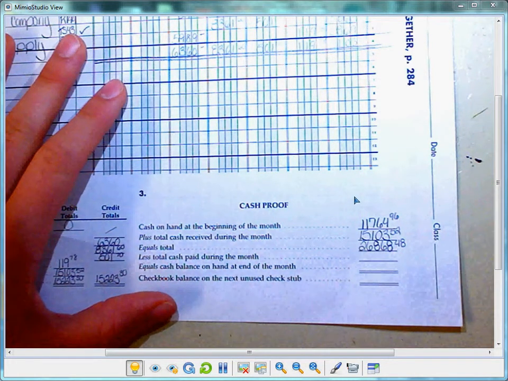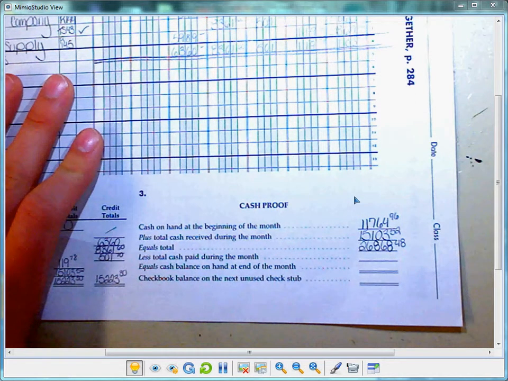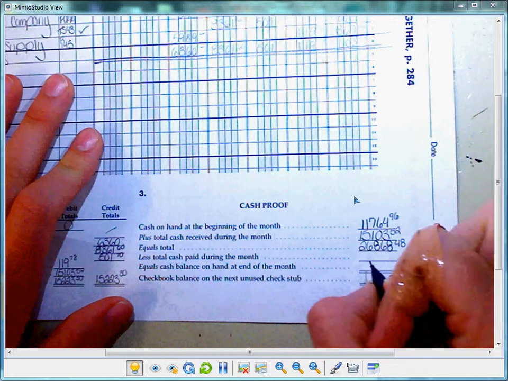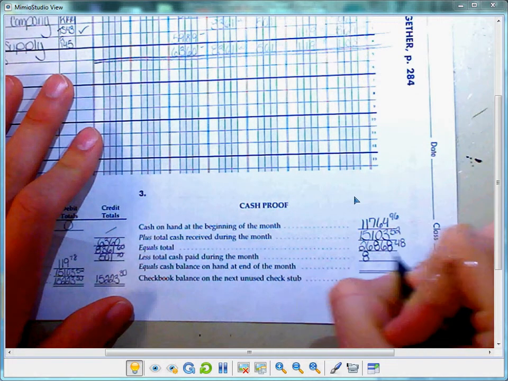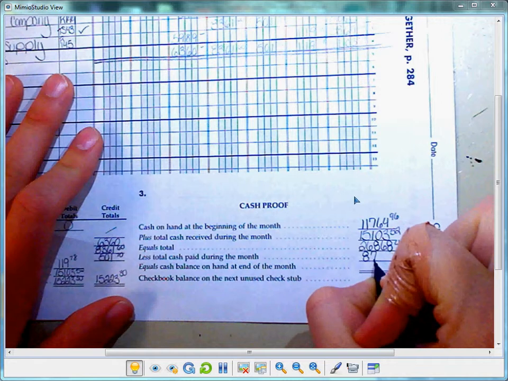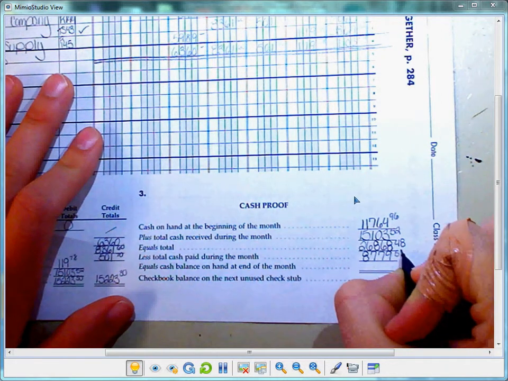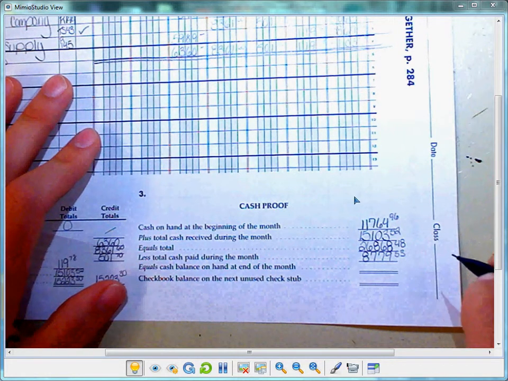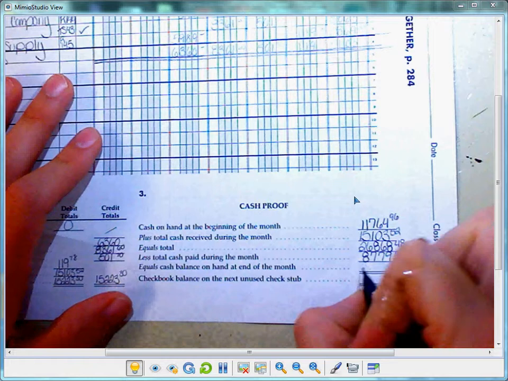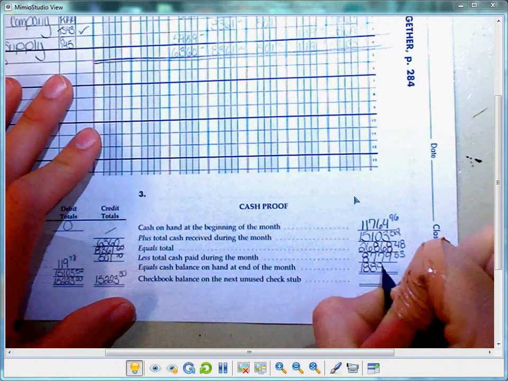Our next line, we're going to subtract our cash paid during the month. That was in the book when they told us what our cash credit was. So that's $8,779.53. And so our next line, that means we arrive at $18,088.95.